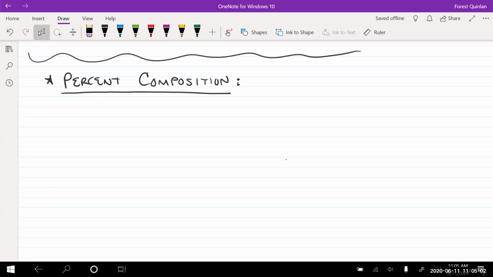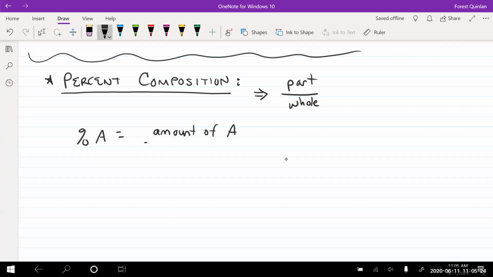Percent composition is really just the part over the whole, the piece out of the entirety. It's usually defined as the percent of A is equal to the amount of A over the total amount, and of course, times 100%.